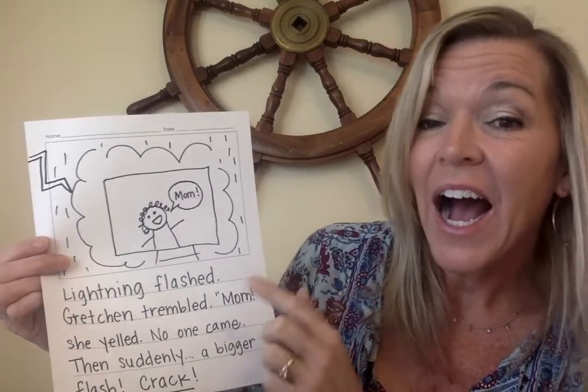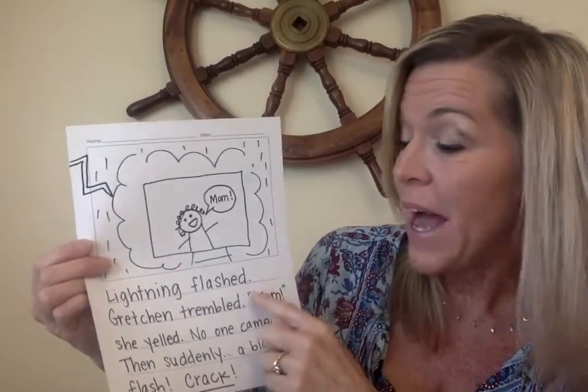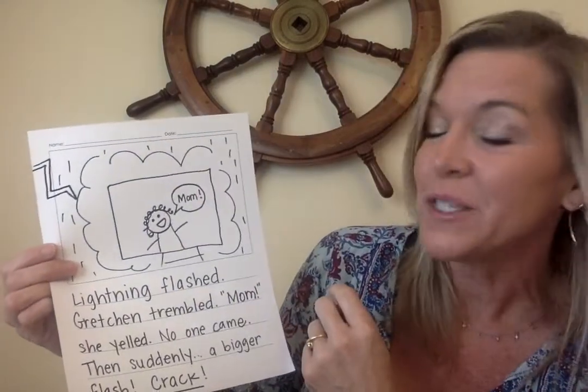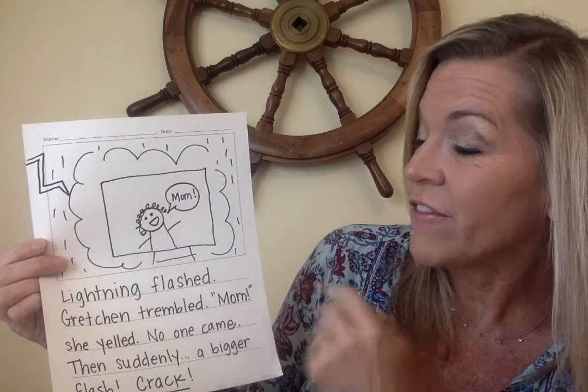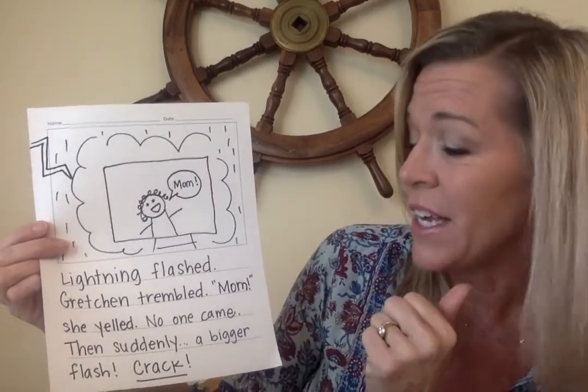And then I actually wrote some lines on here where I matched the speech bubble to what she was saying in my writing. So here's what it says. Lightning flashed. Gretchen trembled. "Mom!" she yelled. That's one way you can add dialogue to your writing.